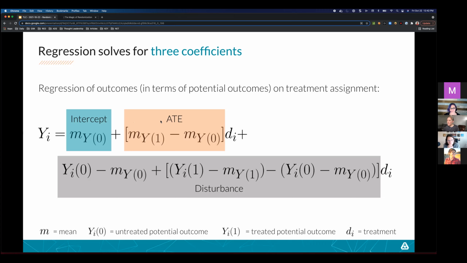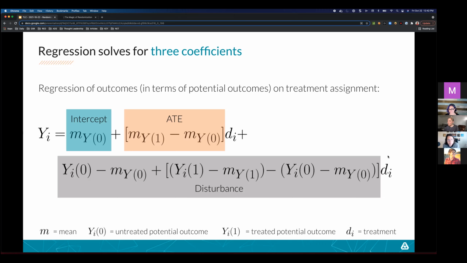And then this next colored block is in terms of treatment assignment, which makes sense, but it's actually our ATE, because it's saying what is the difference between the mean of the treated outcomes and the mean of the untreated outcomes. Then this big gray block is what they call the disturbance term.